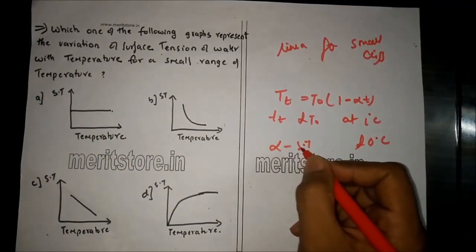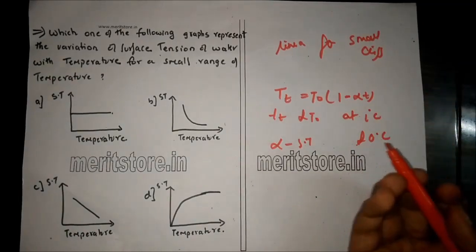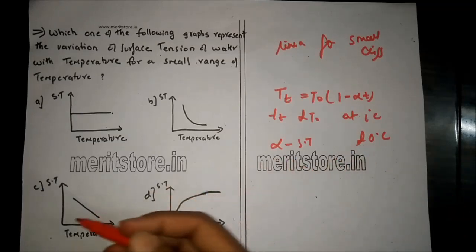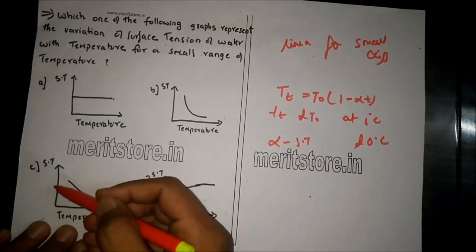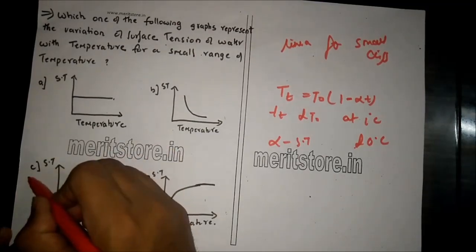The surface tension decreases with increasing temperature. Therefore, graph C is the correct option, which shows that as the temperature increases, surface tension decreases. Therefore, C is the correct option.